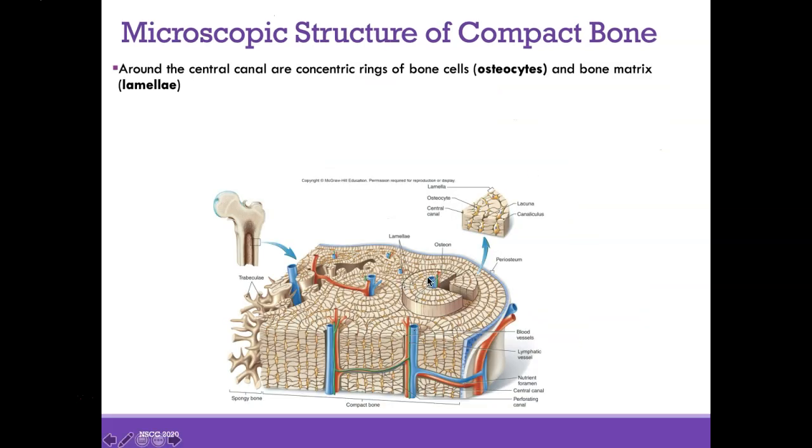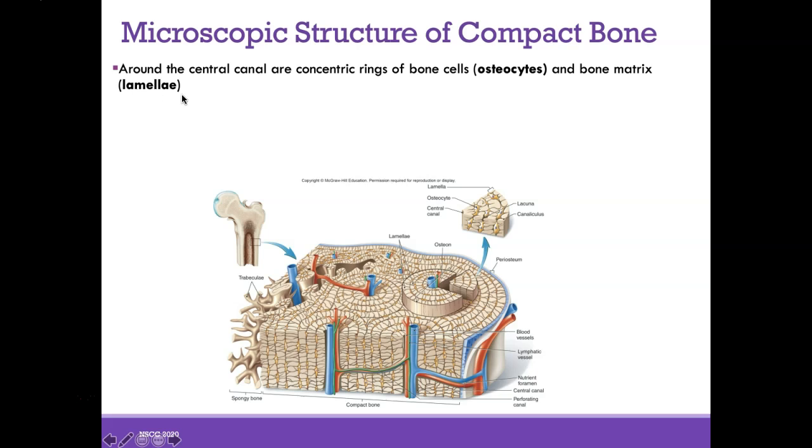So around the central canal of an osteon, so here's one osteon again, and here we have a central canal. Within the osteon, we have concentric rings of bone cells and bone matrix. So let's zoom in here. Here's one osteon. Let's zoom in. We have different concentric rings. So we have a layer of bone and a layer means a lamella.